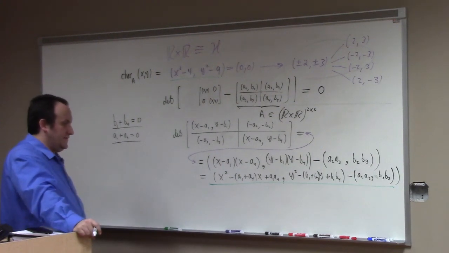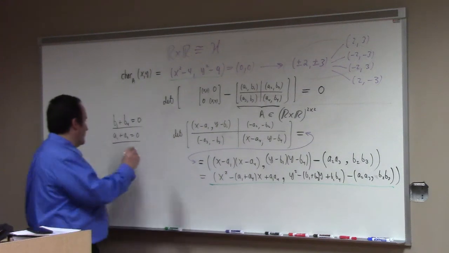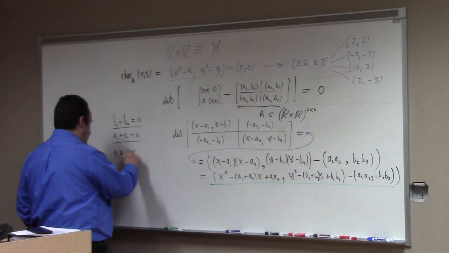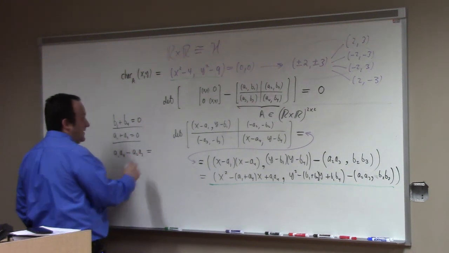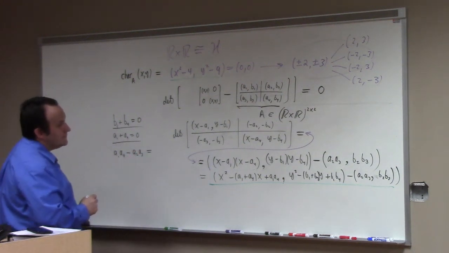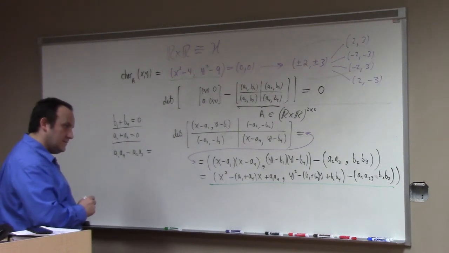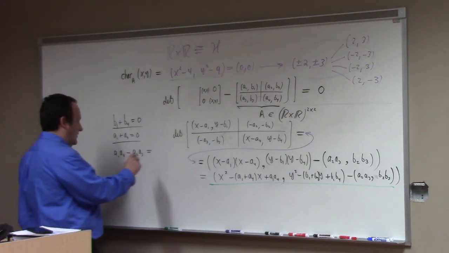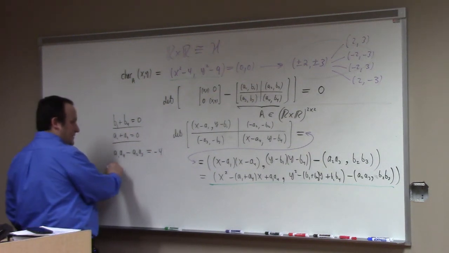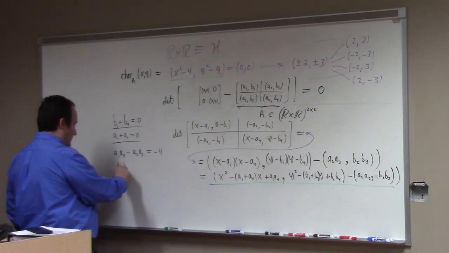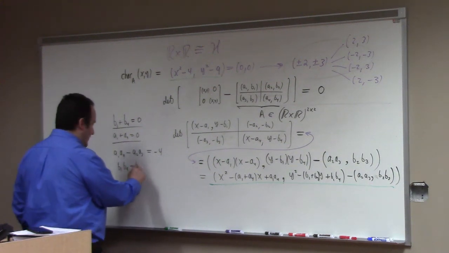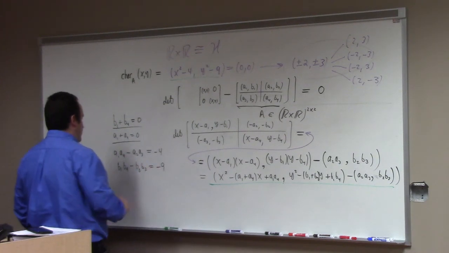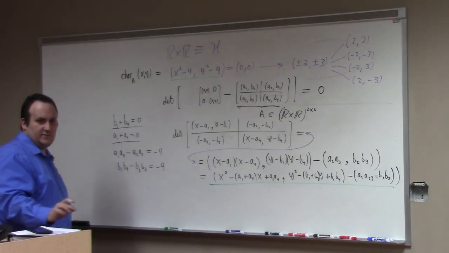It would be nice, and I also need a1 a4 minus a2 a3 to work out to minus 4 if possible. And also I need b1 b4 minus b2 b3 to work out to minus 9. Can we solve these?